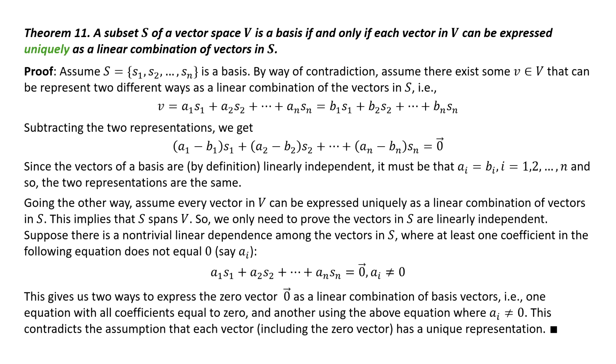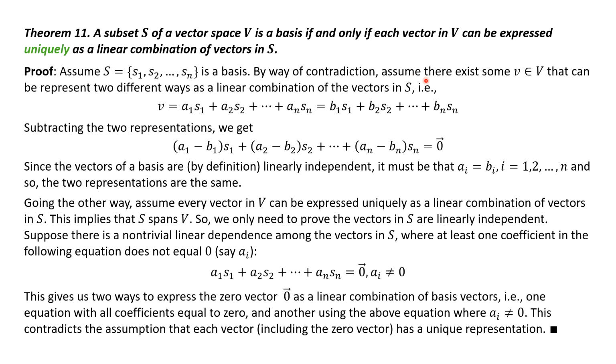A subset S of a vector space V is a basis if and only if each vector in V can be expressed uniquely as a linear combination of vectors in S. We need to prove this in 2 directions, since it's if and only if. Let's start by assuming S is a basis.